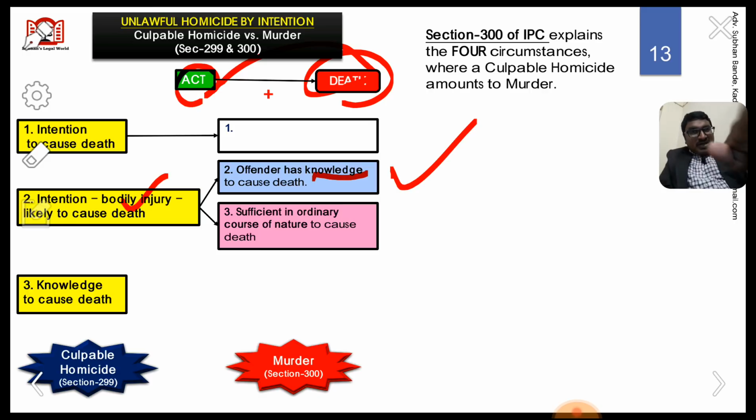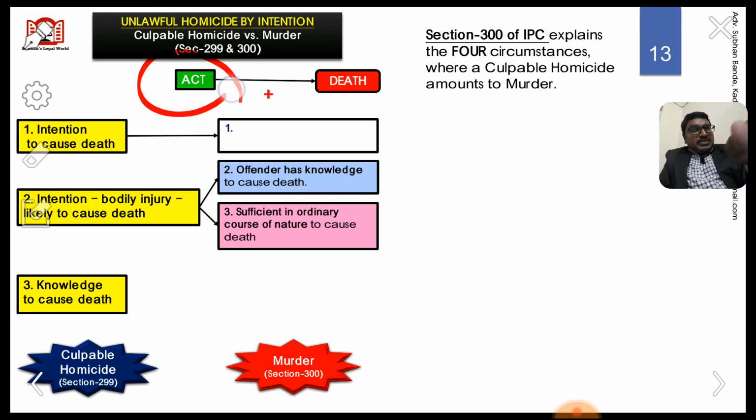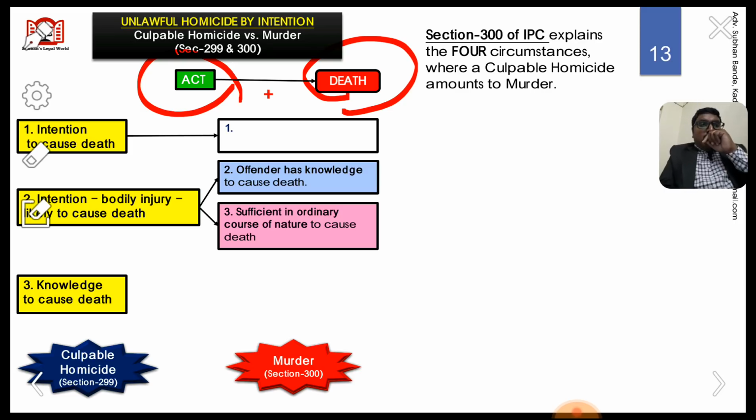The third form of murder is where the accused must do an act that results in the death of another human being. Coming to the mens rea part of the third kind of murder, the accused has intention to cause bodily injury that is likely to cause death. The act is sufficient in ordinary course of nature to cause the death of another person.